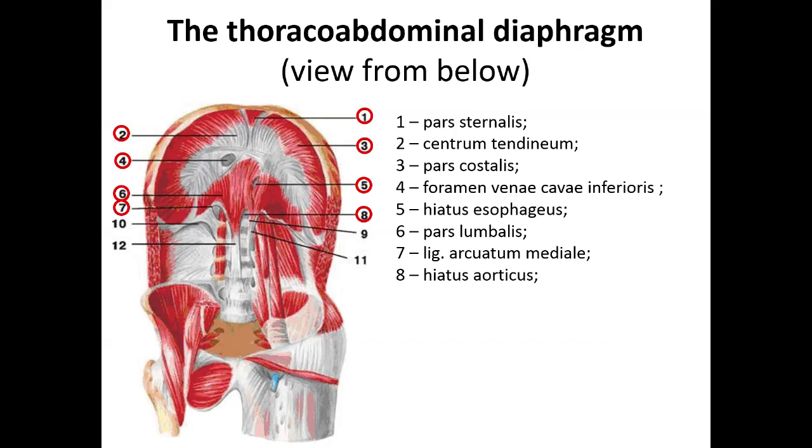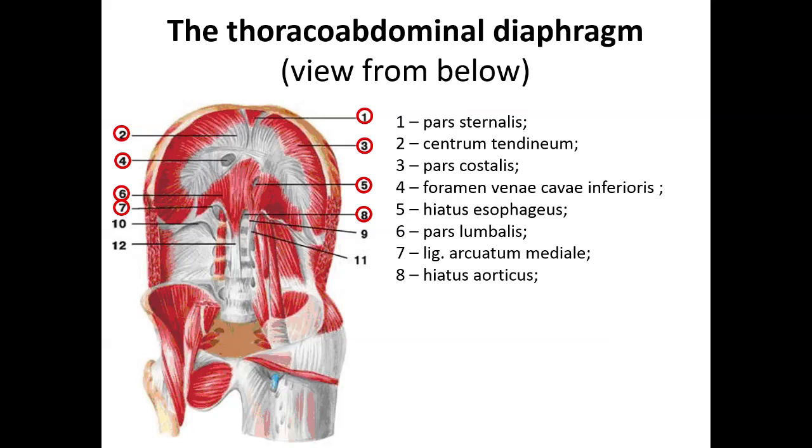This gap serves for passing of aorta. Aorta is the main and largest arterial vessel which serves for blood supply of all organs of our body, and it passes through the thoracic cavity into the abdominal cavity in this gap which is called hiatus aorticus.